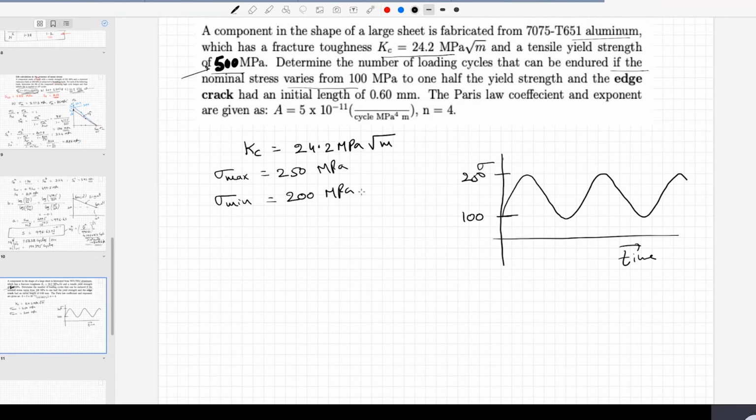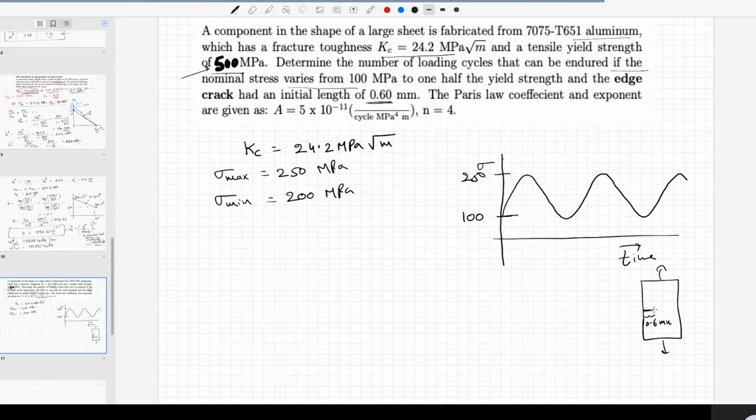And we are required to determine the number of cycles that can be endured when the stress cycles between 100 and 250. If the initial crack length is 0.6 mm. So you have an edge crack in the specimen. So let us say you have this specimen, in that you have an edge crack whose length is 0.6 mm, which is subjected to some sort of a bending load, or which is continuously loaded between 100 and 250 MPa.